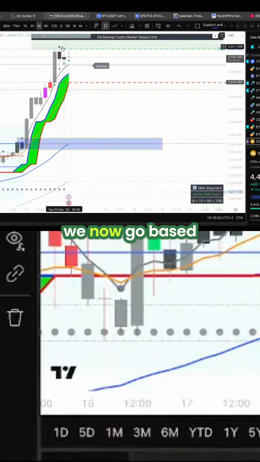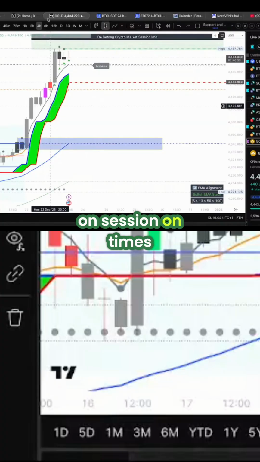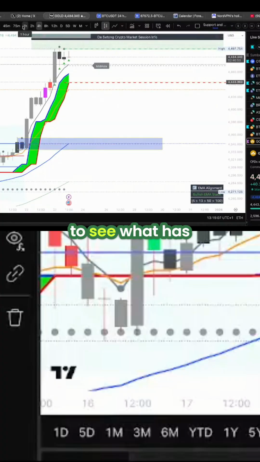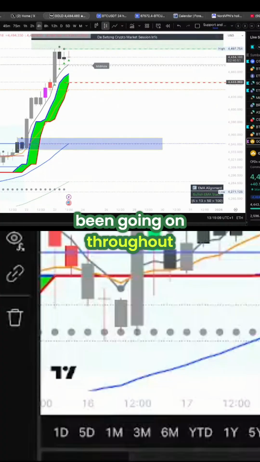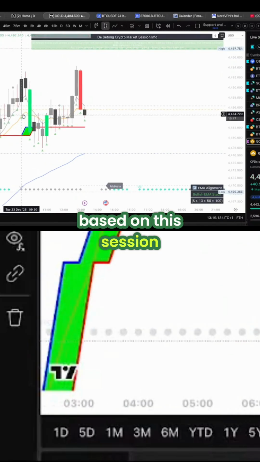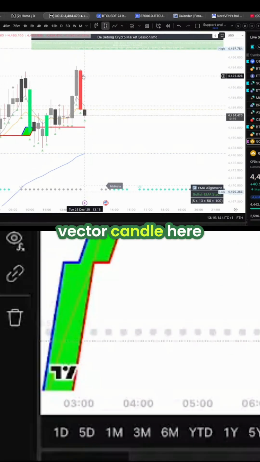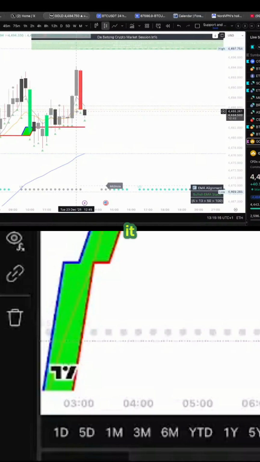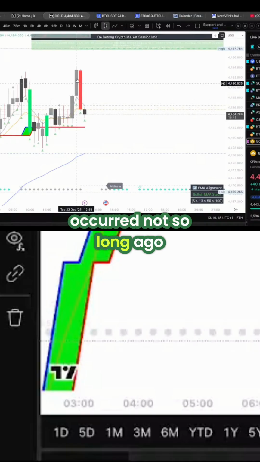So if we now go based on session times, we want to see what has been going on throughout the session. You can see clearly, based on this session, there is this huge vector candle here, which occurred not so long ago.